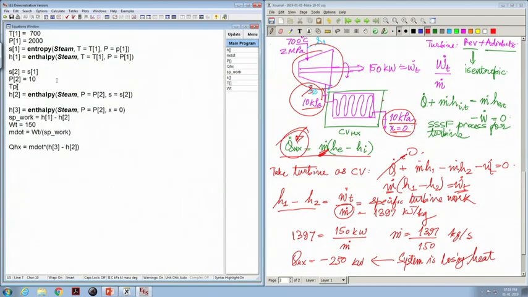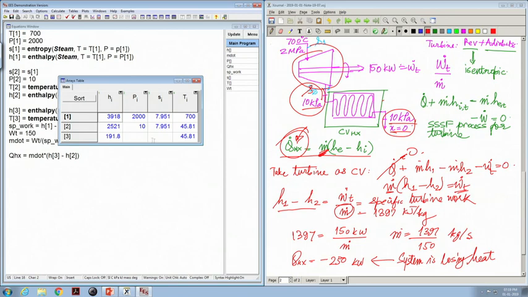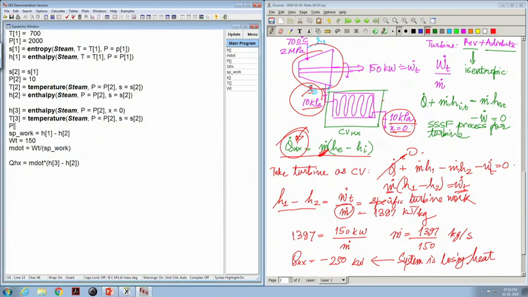Let me fetch the temperature and the values of P. Oh, in fact, P is given as 10 kPa, so P3 is simply P2.